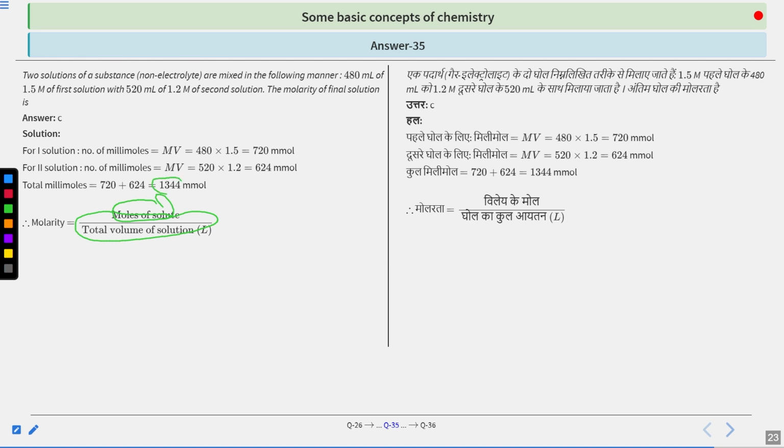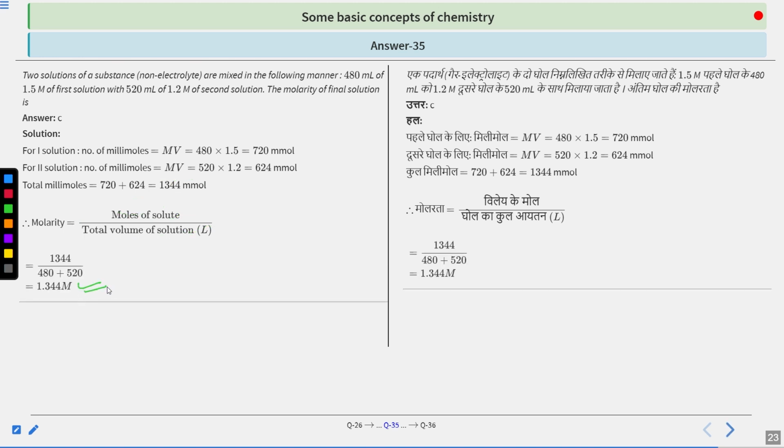We already know the number of moles, and the total volume of the solution is 520 plus 480. That would give you 1.344 molar solution. This is the final answer.